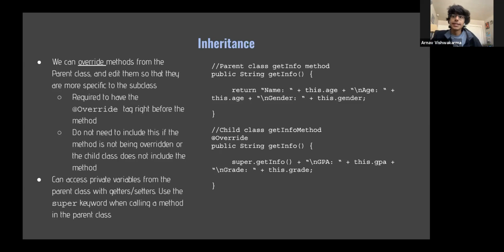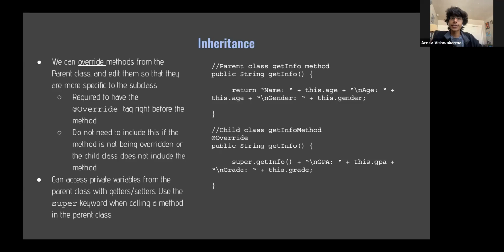Taking a look at this example, first we have the parent class method, which is called getInfo. It's a standard method where we return the name of the person and a bunch of info, like we looked at in the previous class demo, and it returns a string with all the information. But if we look at the method from the child class, we override the parent class method getInfo, and we use the override tag to override it and add to it.